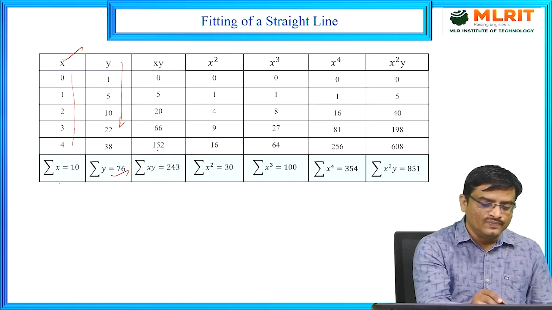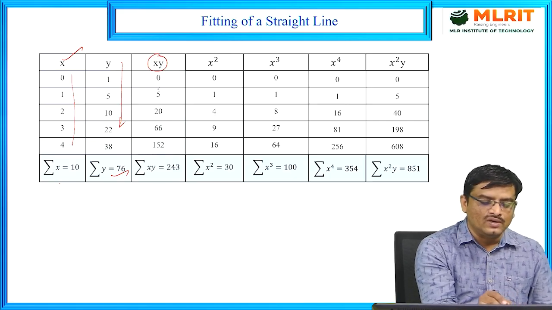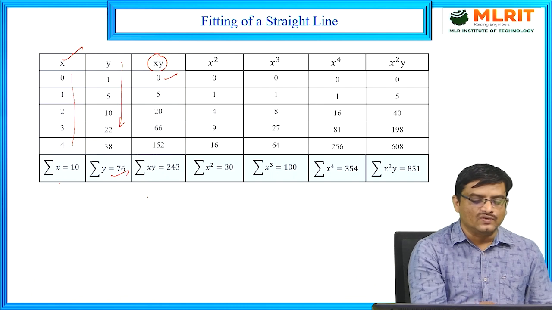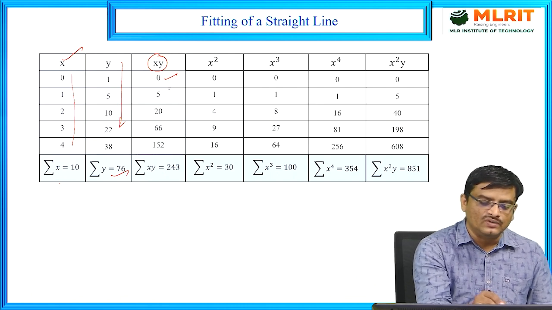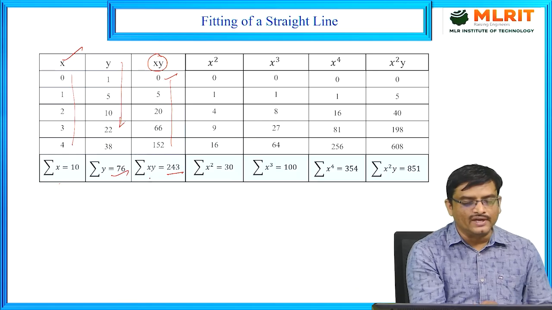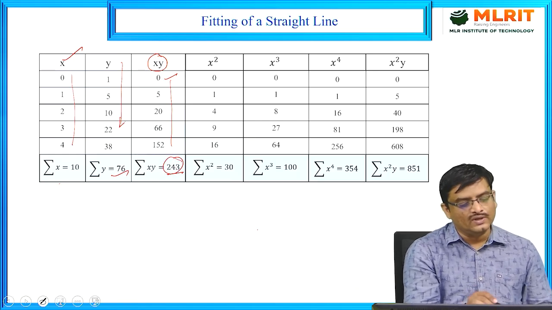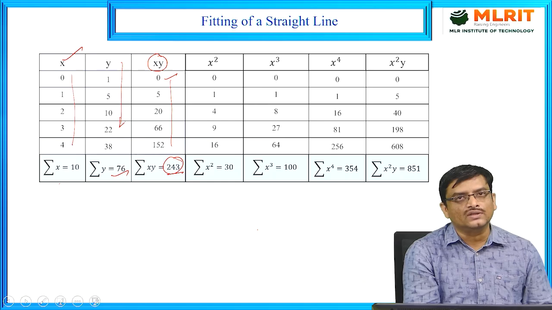Now we have x and y, so you multiply the corresponding values of x and y to get the xy values, and add them to get summation xy. So summation xy, we got that value equal to 243.